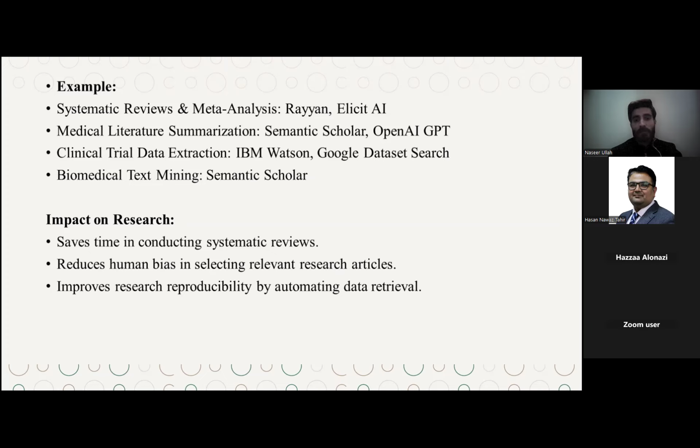These two can be used to get 80% of references correctly. It also reduces human bias in selecting relevant research articles, and improves research reproducibility by automating data retrieval.